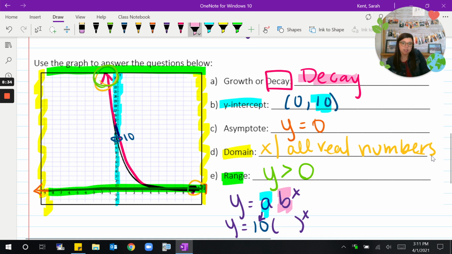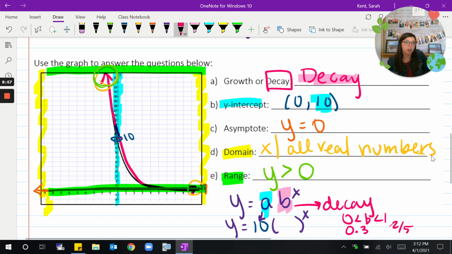We said here it's decay. So for the b, we want it to be between 0 and 1. You could pick 0.3, you could do 2/5, whatever you want to put in here, as long as it's between 0 and 1.